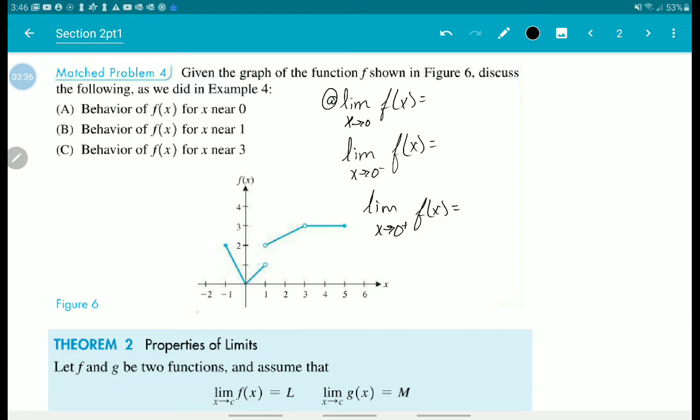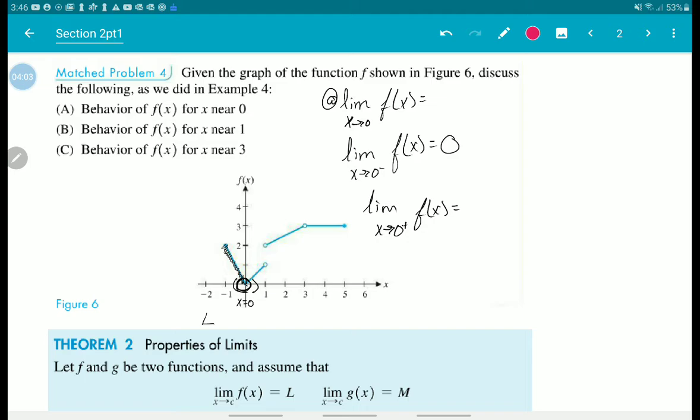So let's start from the left. Here's our left-hand side, and I want to zero in on x equals 0, which is right here. I'm going to follow that graph on the left until I get close to 0. As I get close to x equals 0, that y value is 0 also. So we're going to say that the left-hand limit is approaching 0.